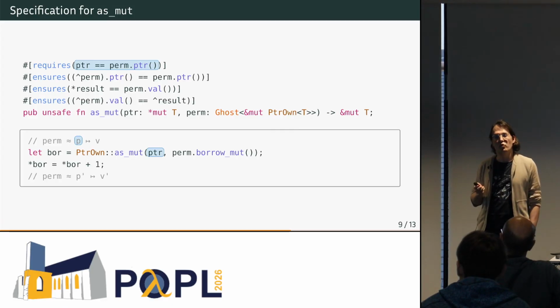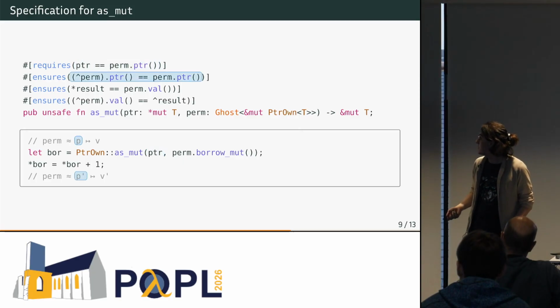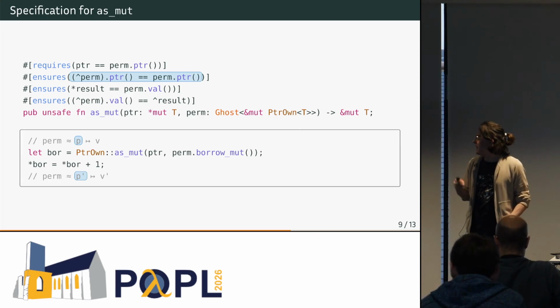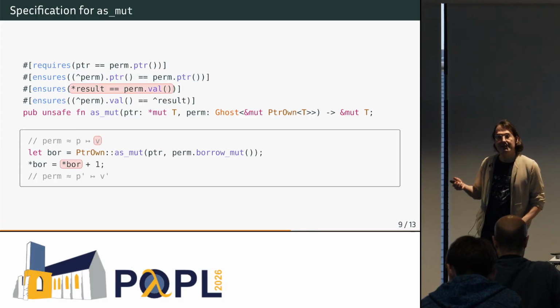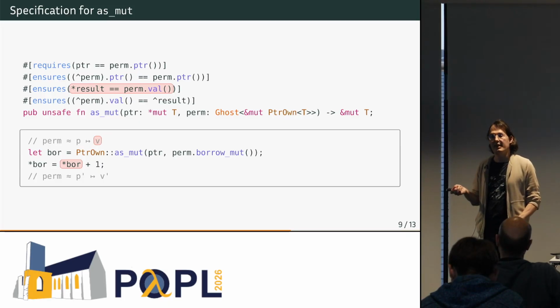And then it gives you three post-conditions. The first one being that the pointer did not change. The pointer associated with the permission did not change. And then we can talk about the value that you get into the borrow: the value that is originally inside the borrow is indeed the one that was in the points-to.